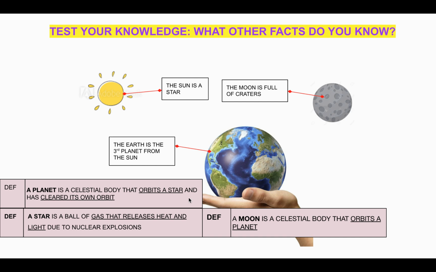In relation to a moon, we know that a moon is called a natural satellite of a planet. So it basically means that it orbits a planet. It doesn't orbit the sun, it orbits a planet. Okay, and moons must be smaller than the planet itself. Be aware that some planets have no moons.